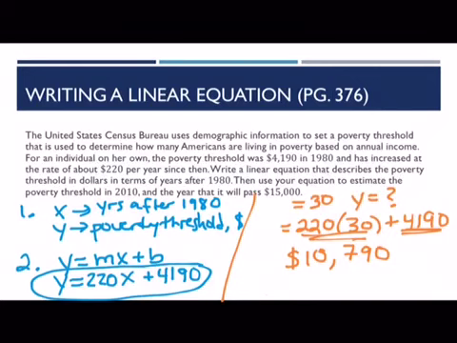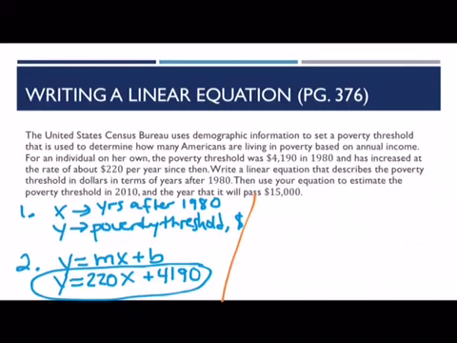And then secondly, we need to find the year when the poverty threshold will pass 15,000. So now we know a y value, a specific poverty threshold, and we need to find the year. So let's let y be 15,000 and solve for x.